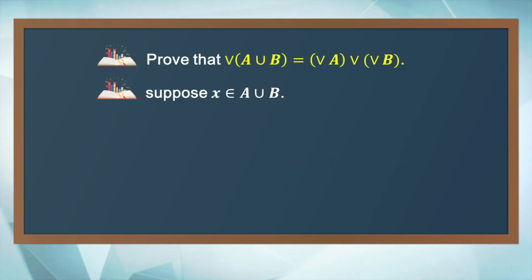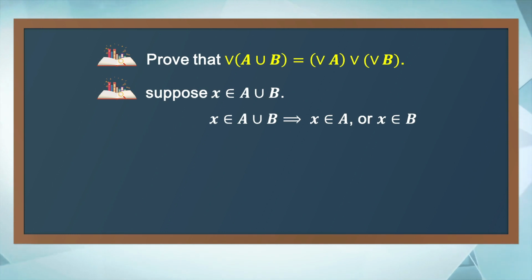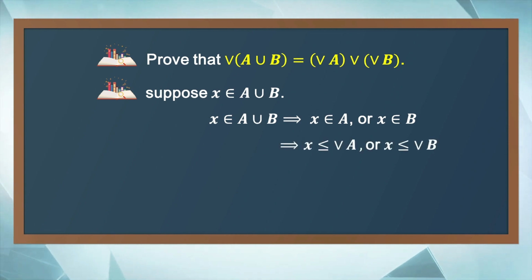On the other hand, suppose X is in the union of A and B. Then either X is in A or X is in B or both. That means X is less than or equal to the supremum of A, or X is less than or equal to the supremum of B or both.